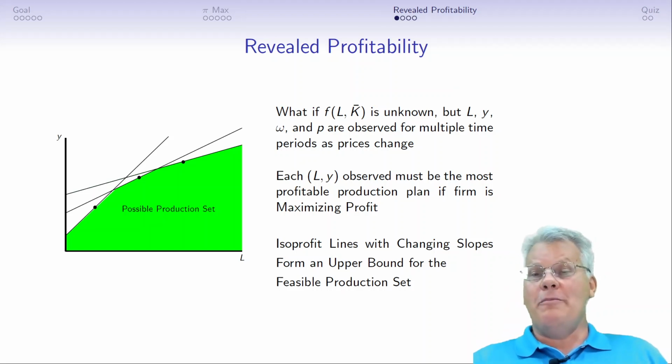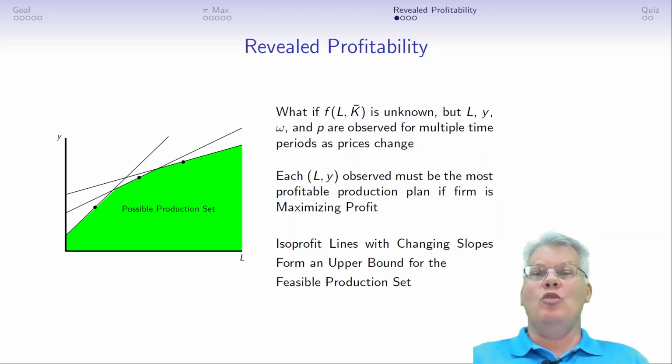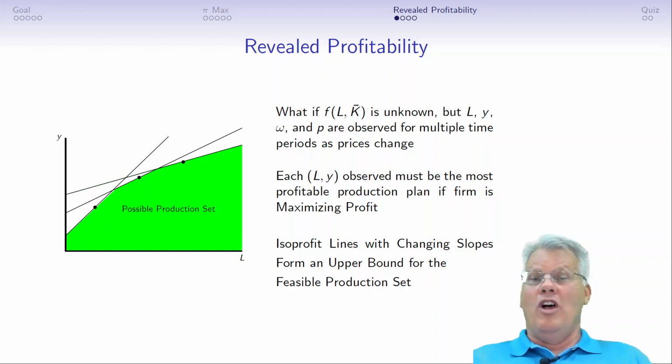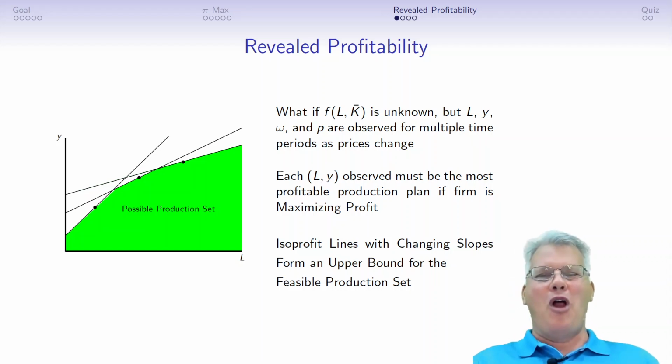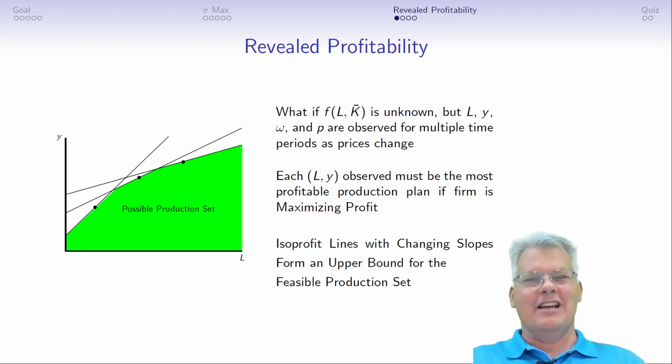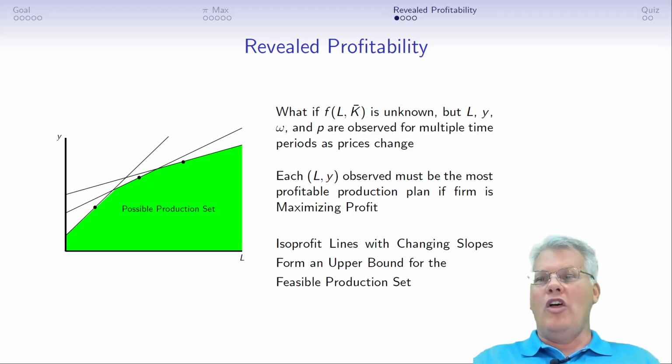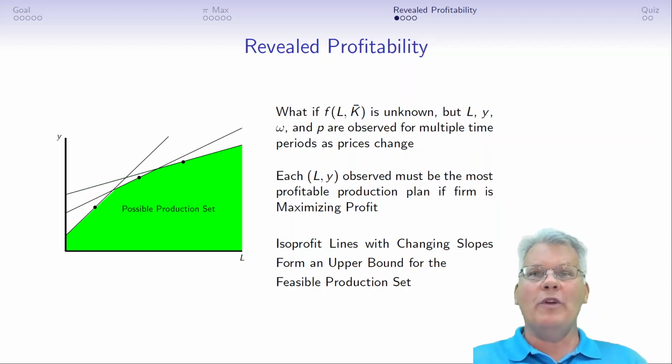You might remember back in Chapter 7, we introduced the idea of revealed preference. Well, now we have revealed profitability, a cousin of revealed preference. In this chapter, up to this point, we've assumed we know what the production function is, and then we calculate the profit maximizing quantity of input.